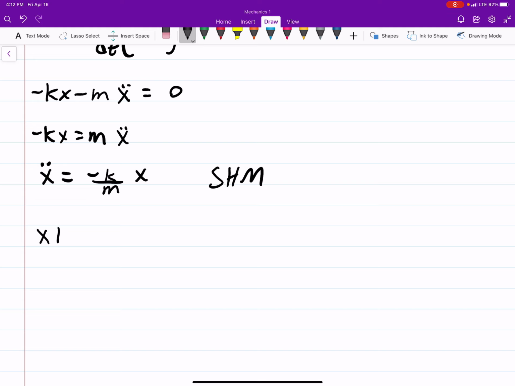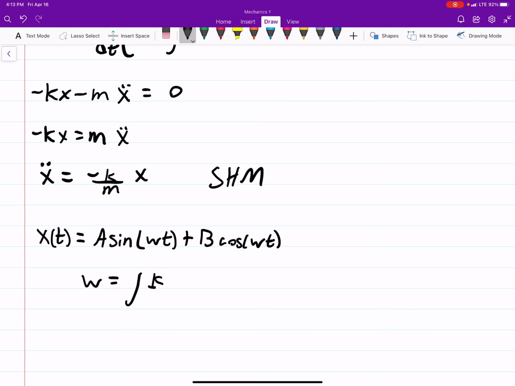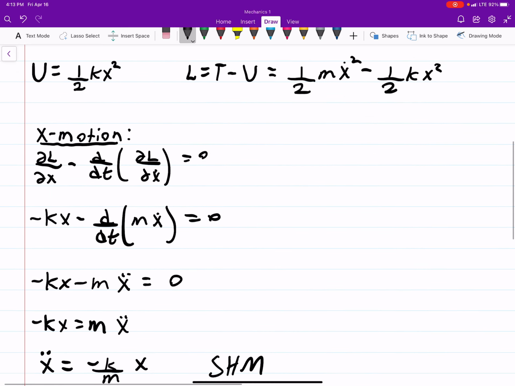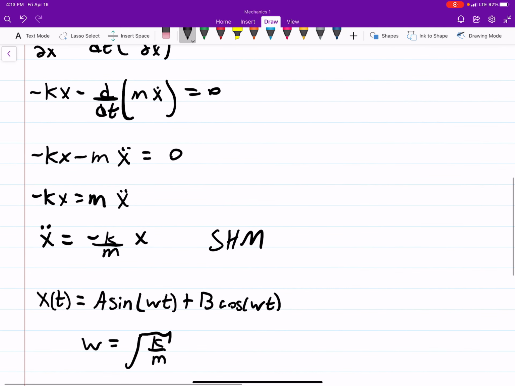And the solution for that, a general solution, x as a function of time, is a sine omega t plus b cosine omega t. Omega is obviously the square root of k over m. I actually don't think that matters because they didn't ask for it. They did not. So actually they just wanted, I think, up to here.